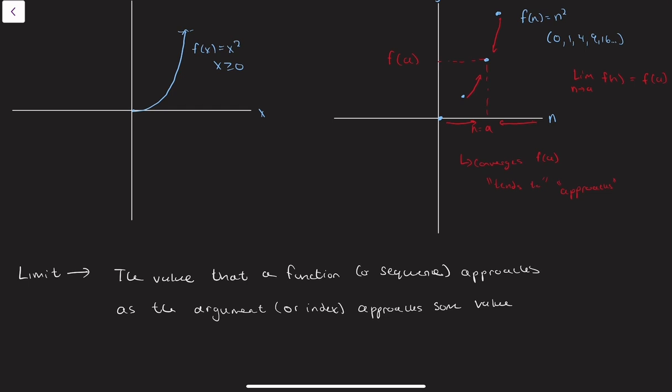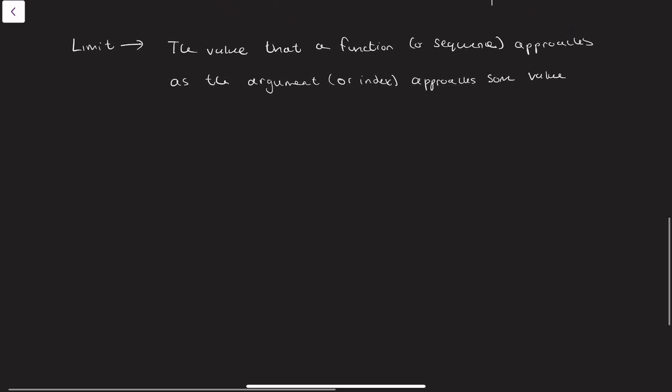When we discuss limits further in the videos following this one, you'll get a better sense of this. But in terms of sequences, we just need to understand how to use limits. All a limit is telling us is if a function or a sequence approaches a specific value as the argument or index approaches some value. And so to further discuss this, let's talk about some properties of sequences.